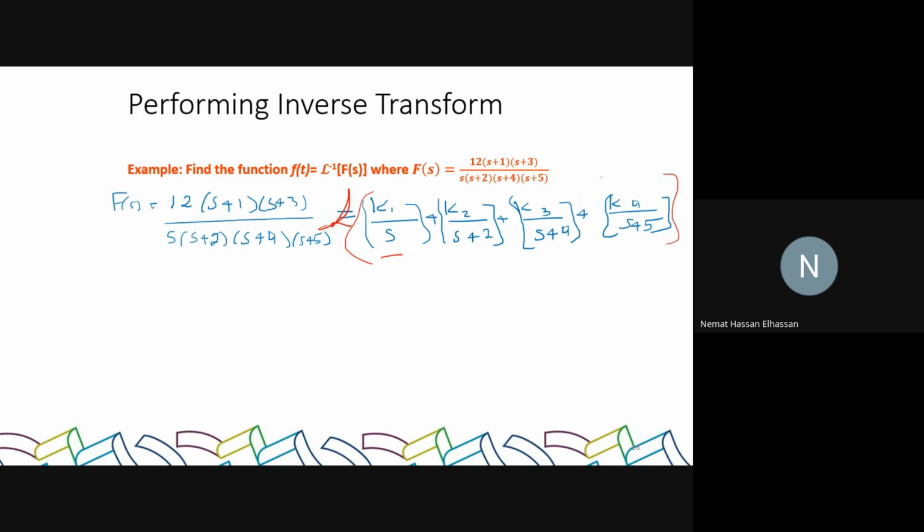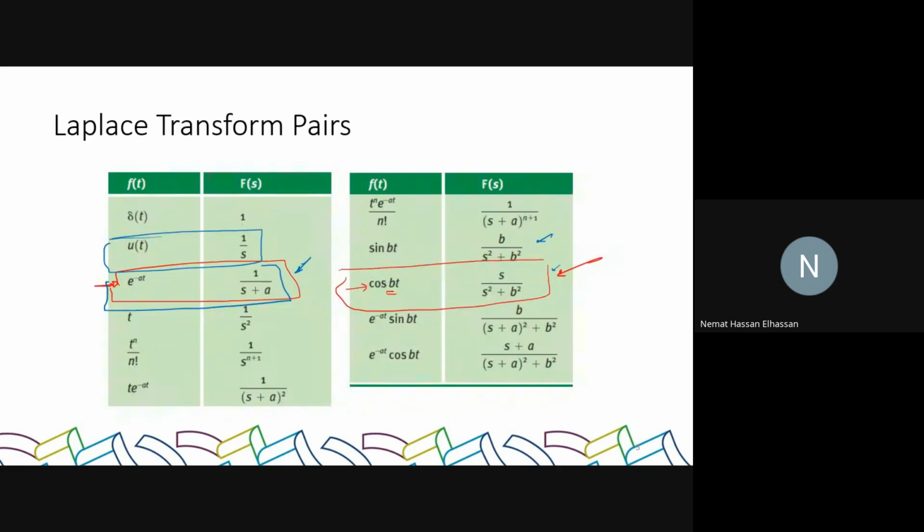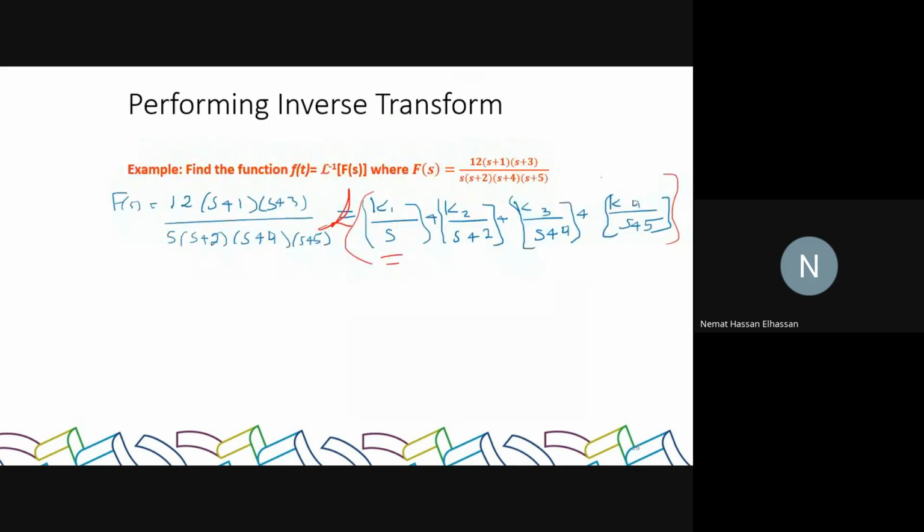For this first term, we said the transform of 1 over S is what? U of t. And the transform of 1 over S plus a is e to the power minus at. So let's apply it here. This becomes what?